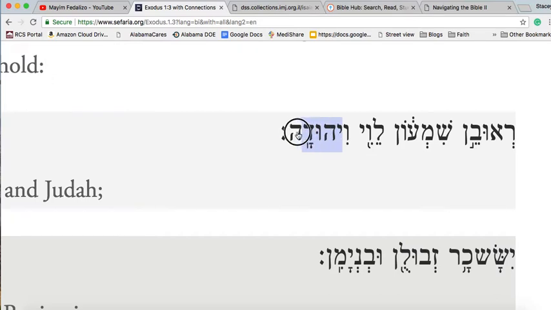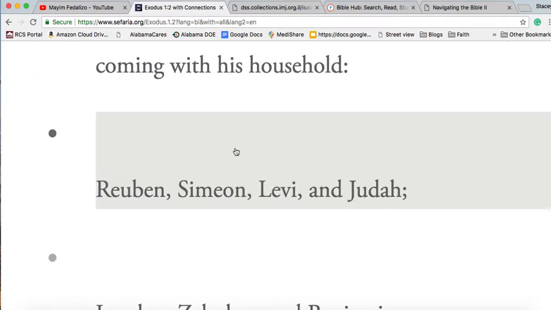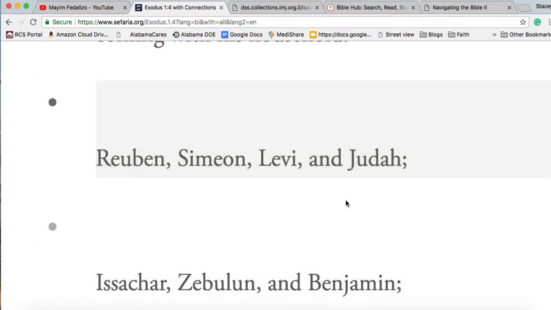But if you notice this letter right here, this is just a way Hebrew uses the word and. This is a connector. So it's a conjunction, okay? So it goes Reuben, Shimon, Levi, and Judah. So I'll read it in Hebrew. Reuven, Shimon, Levi, Yehuda. Reuben, Shimon, Levi, and Judah. All right? Let's see if we're right. Yeah, Reuben, Simeon, Levi, and Judah.